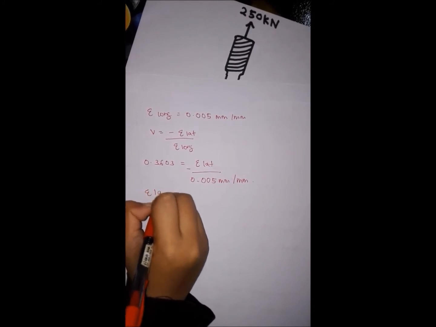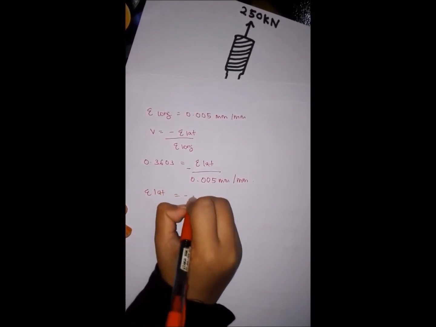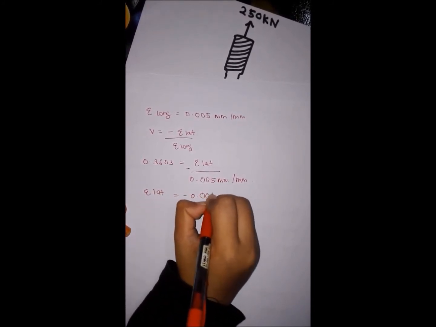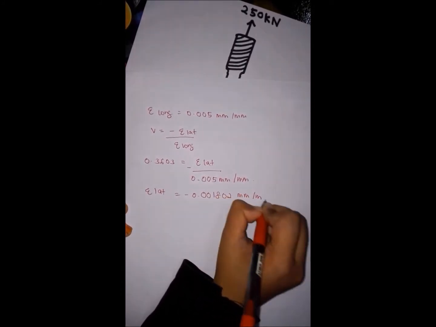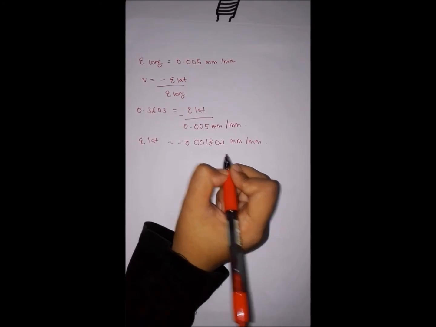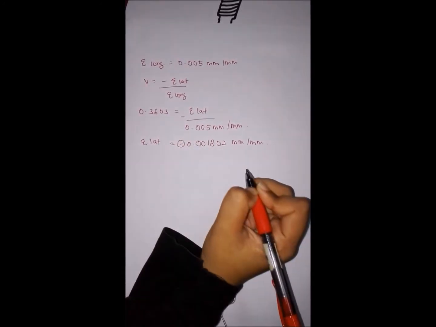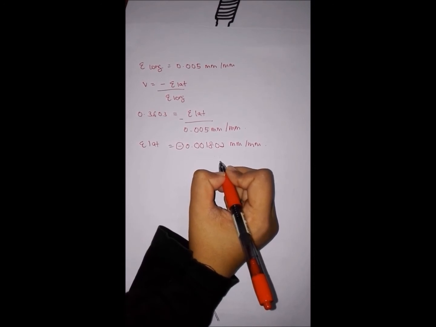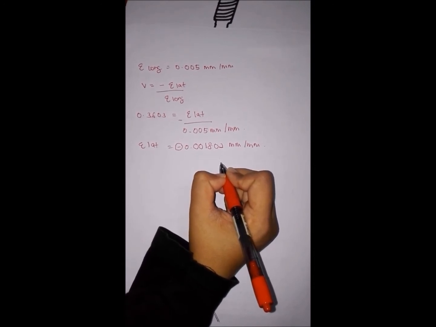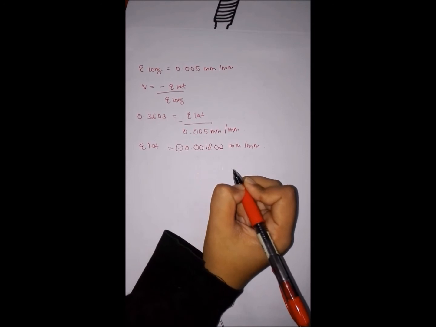Therefore, the lateral strain is negative 0.001802 millimeter per millimeter. The negative sign is included here since longitudinal elongation is positive strain, which causes lateral contraction, negative strain, and vice versa.